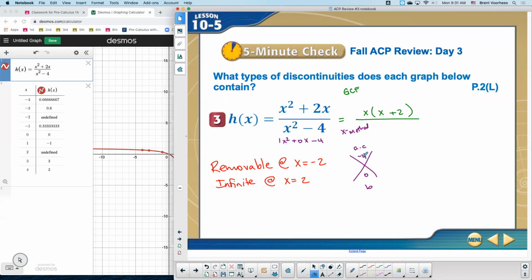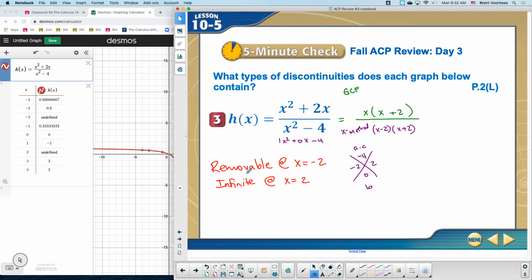What are factors of -4 that add up to 0? -2 and +2. There you go, Alejandro. -2 and +2. So if I put these in parentheses, I'd have x minus 2 times x plus 2 like this.